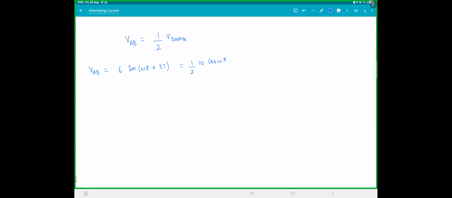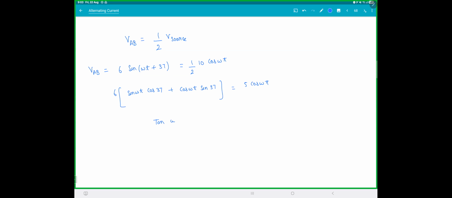So expand this sin(A plus B). Solve this.